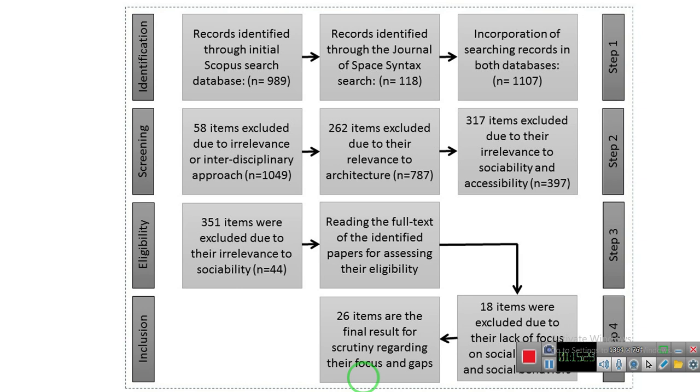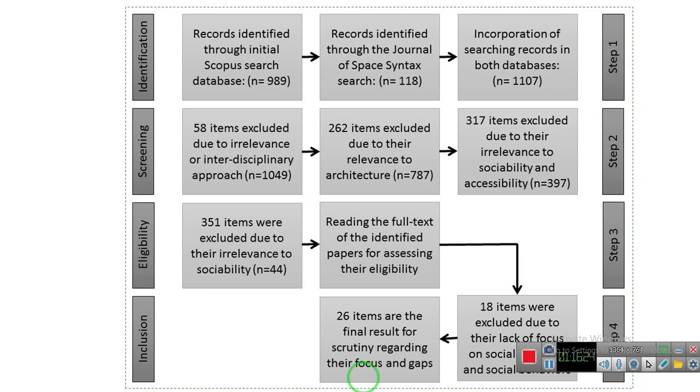So, as you can see in this paper, the main database was the Scopus database. For the first record of our search, we identified 989 papers based on our search protocol, and we write it down here. In the other database, we found 118 articles, and in total we gathered 1,100 papers, as an incorporation of all the searching records in all the databases.